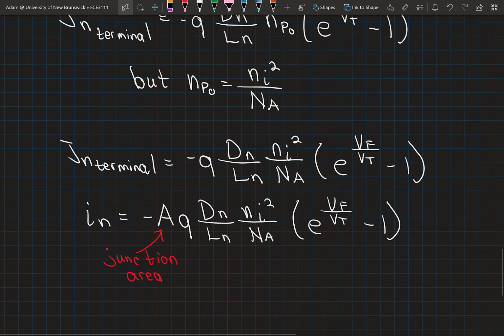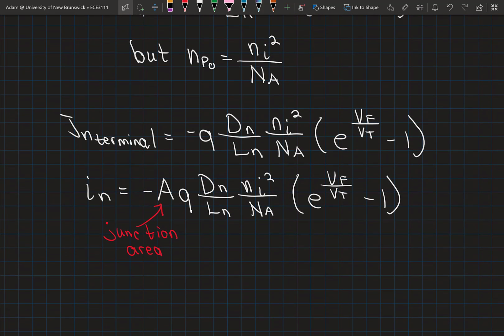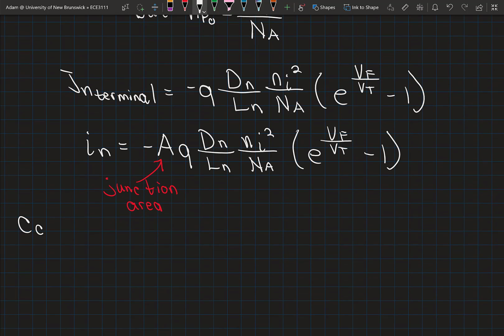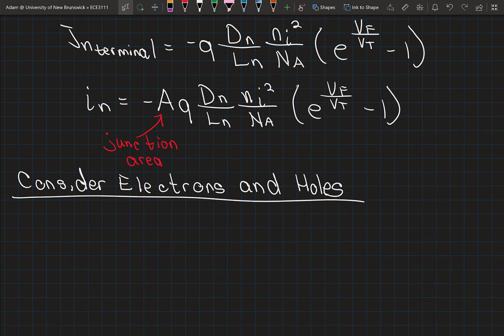Okay, so to this point we've only considered the current flow due to electrons, so we can extend all these same derivation concepts to include holes as well. We could come up with an expression for holes.